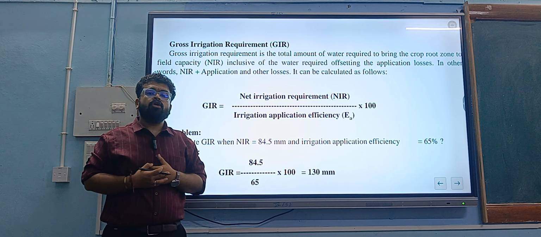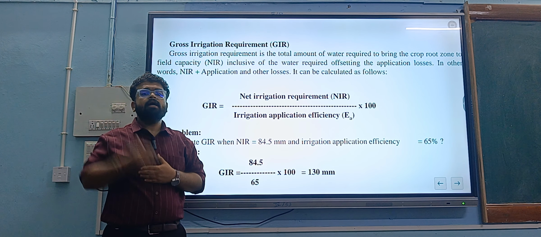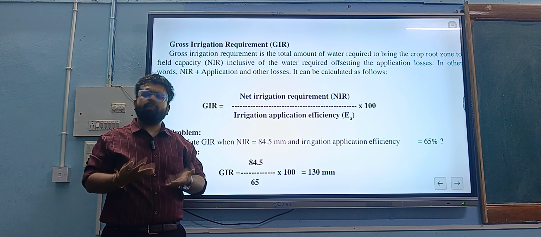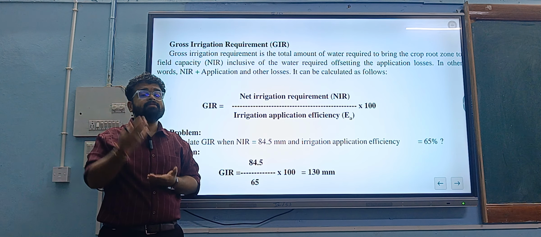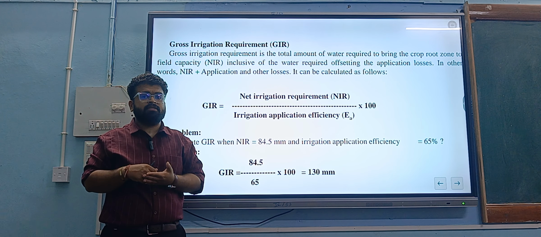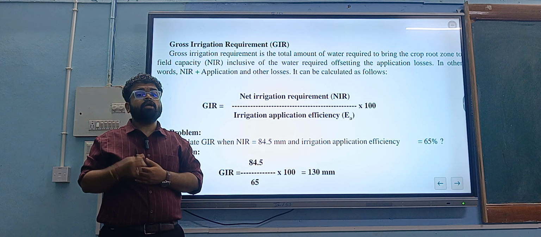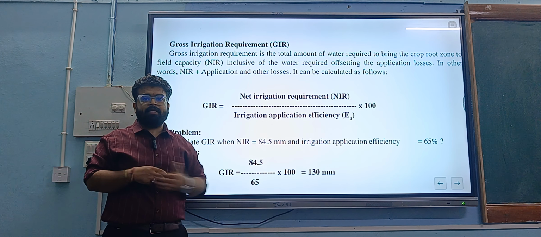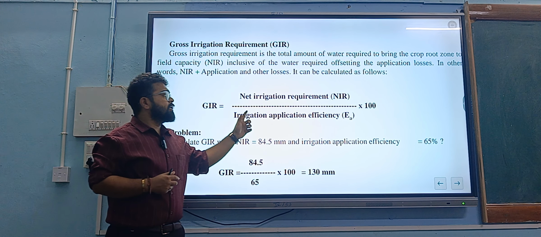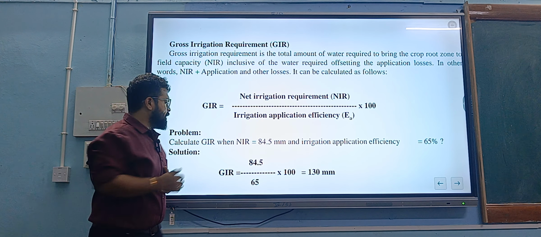When you are applying irrigation water, each system has a different application efficiency. Drip has 90% application efficiency, flood irrigation has just 50%. So that determines the total quantity of water as compared to the net irrigation requirement. So gross irrigation requirement is equal to net irrigation requirement divided by application efficiency.